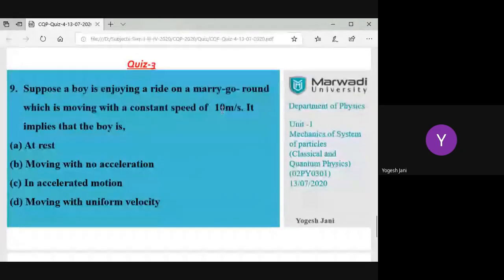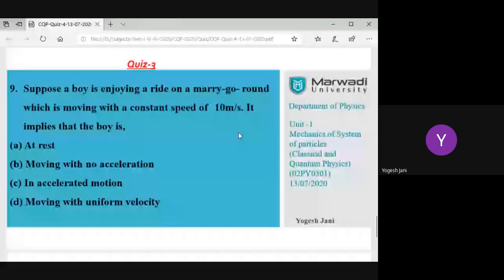That is the only clue. So you can think again, no problem. I gave a hint also: the boy is moving on a merry-go-round, normal circular motion. So the hint is circular motion. Don't worry, Hers, you can think again.